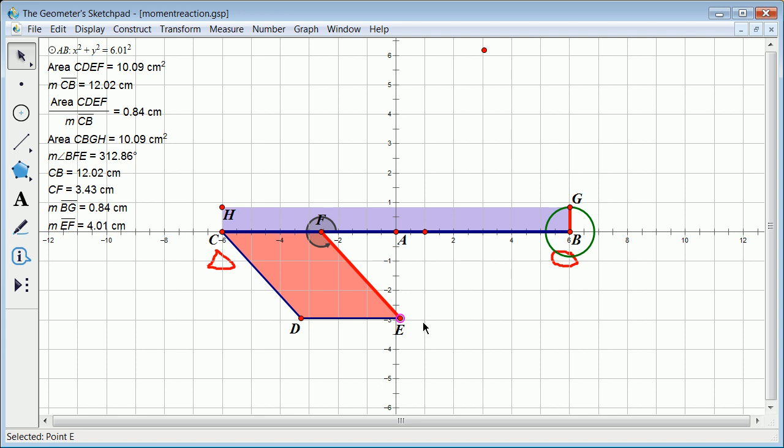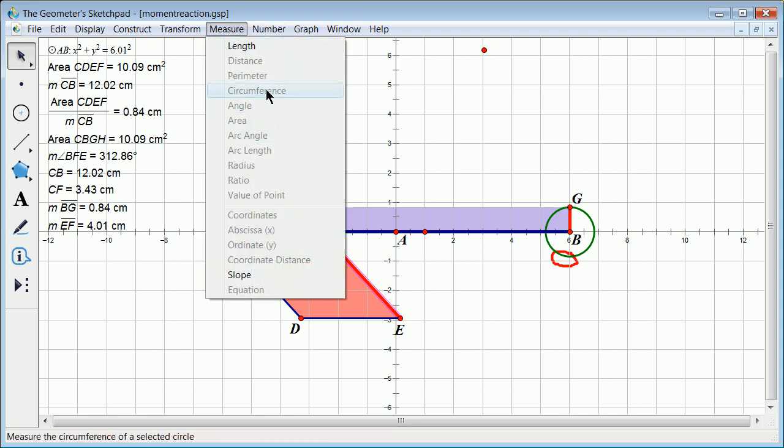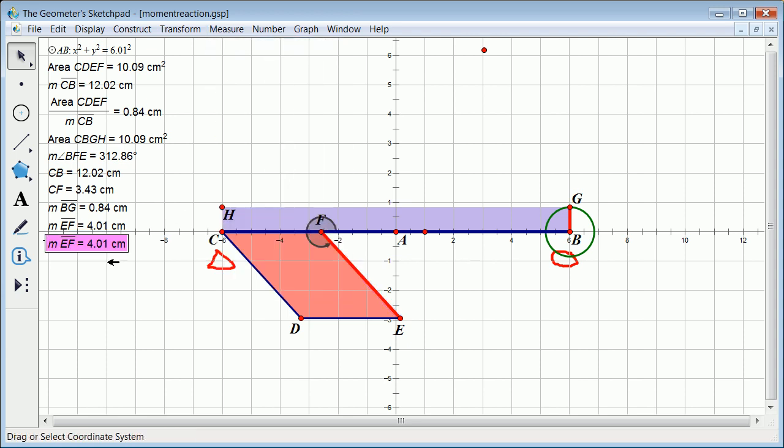Later on you can measure here its length, its angle and its slope, and calculate.